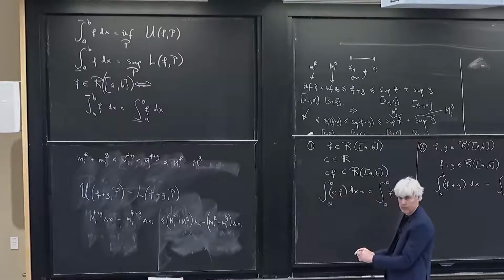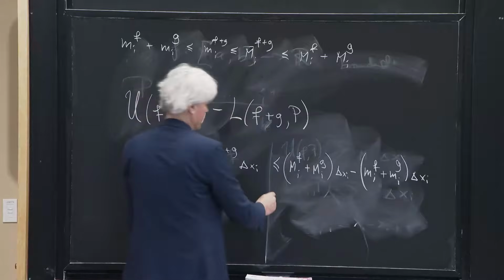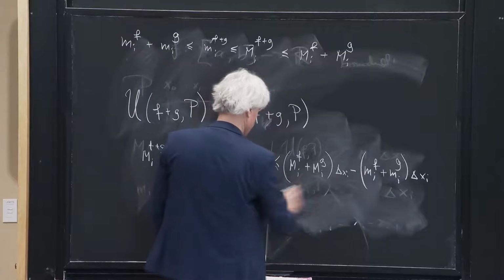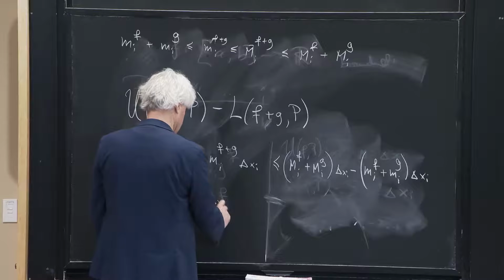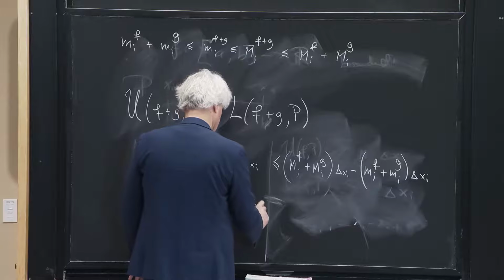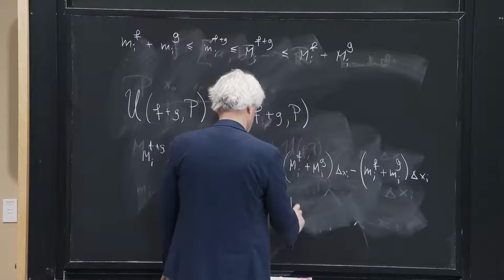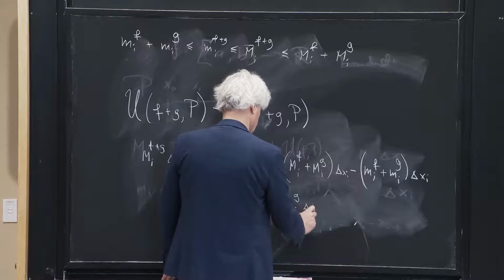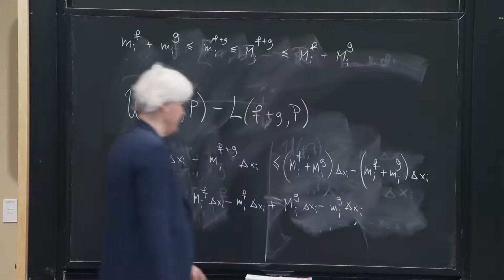Now you're summing over everything, so you can just split this sum into two parts: M_i of f times delta x_i minus little m_i of f times delta x_i, and then plus capital M_i of g delta x_i minus little m_i of g delta x_i.